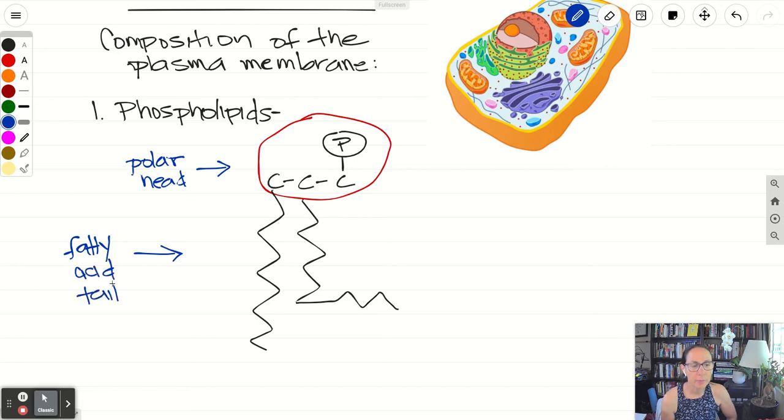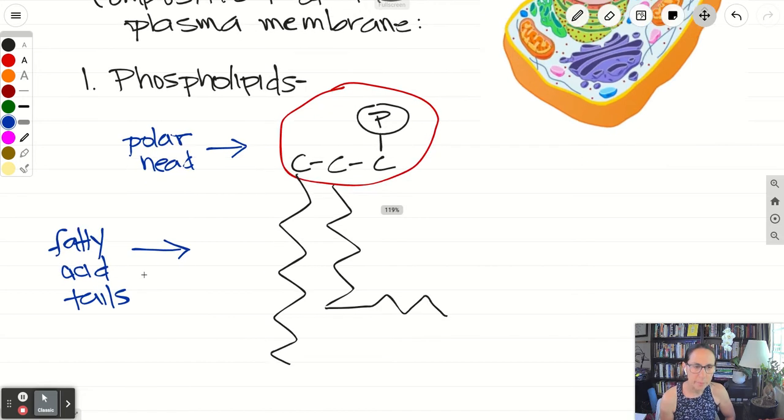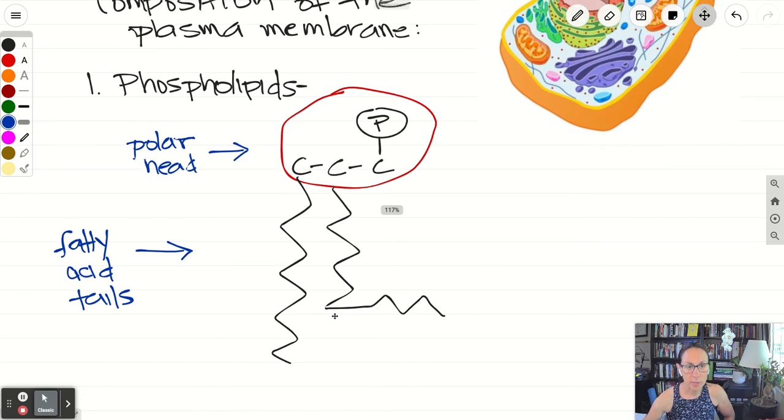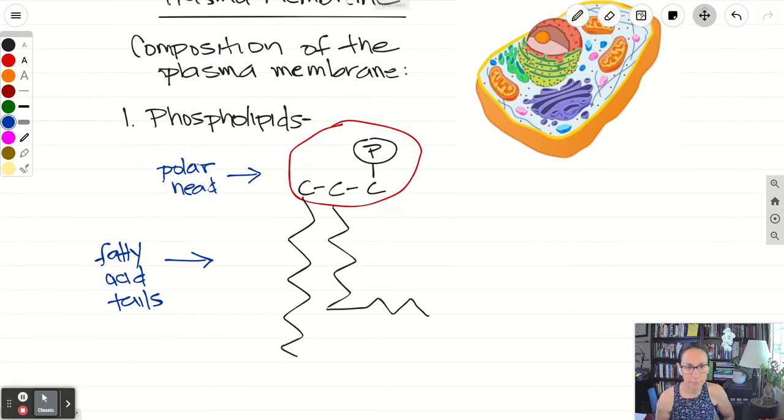Okay, and what I want to point out, and I've talked about this before, is that the heads love water, but the tails hate water. Okay, so I'm going to add that here in my description. I'm going to say the polar head loves water, and the fatty acid tails hate water.